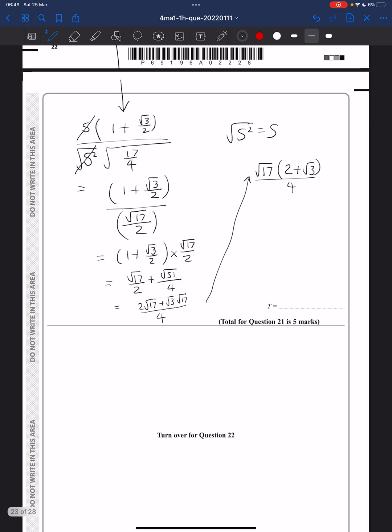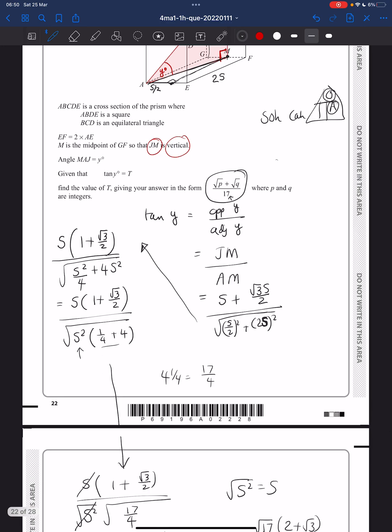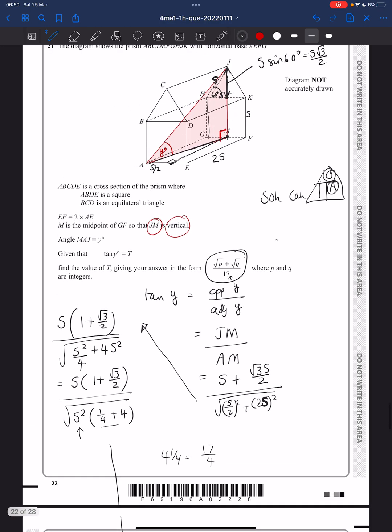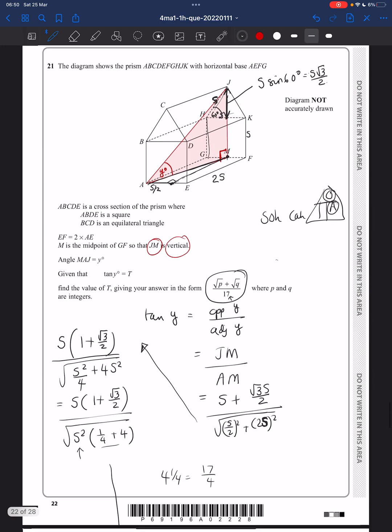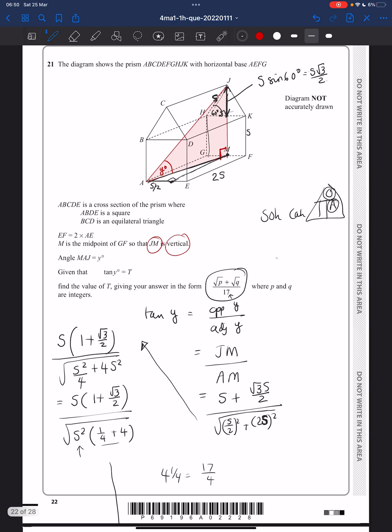I haven't quite got the 17. I've got a square root of 17 in a numerator. Oh dear.